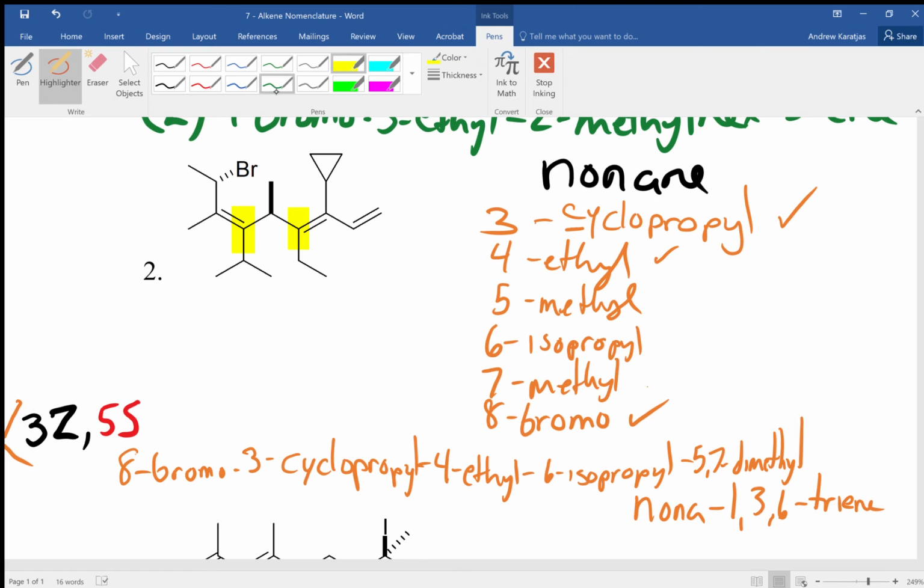If we go up, this is a carbon that's bonded to two carbons. Same thing here, the other end of the double bond is bonded to two carbons. But when we go down, this carbon is bonded to two carbons, whereas that's only bonded to one carbon. So that's our point of difference, and why we assign priority the way that we did.